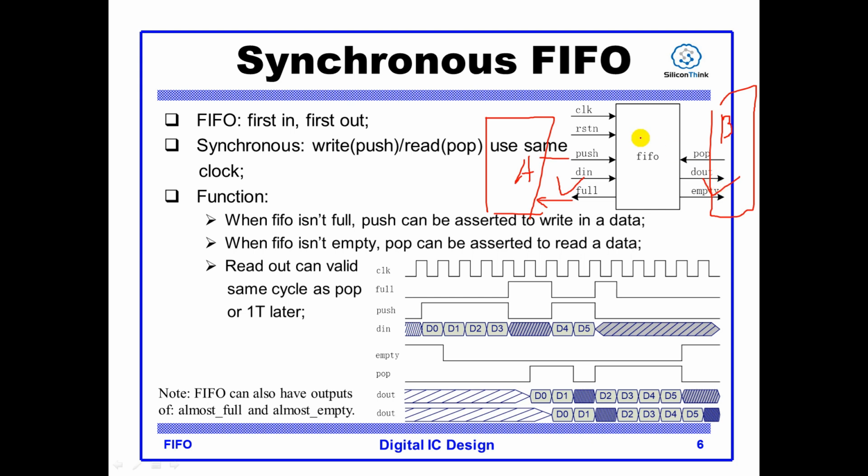But the difference is, for FIFO, we put more restrictions on block A and block B. Block A can't assert push when full is valid, and block B can't assert pop when empty is valid. So the difference is we just put more restrictions on the blocks that talk with FIFO. So you can see in this situation, FIFO is a passive block.